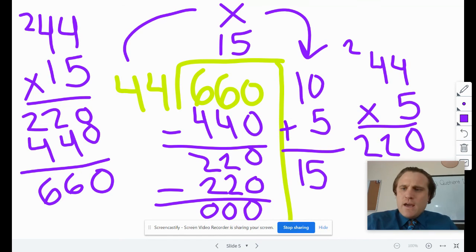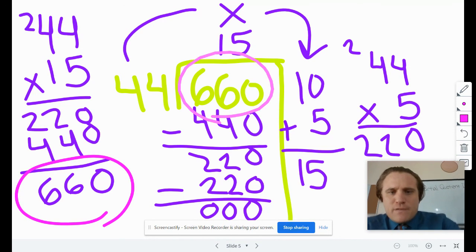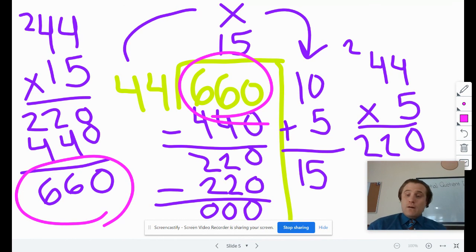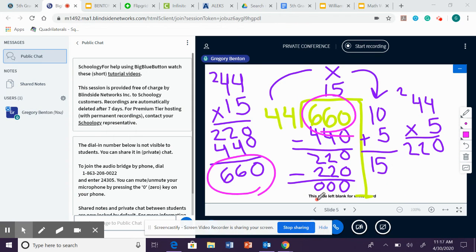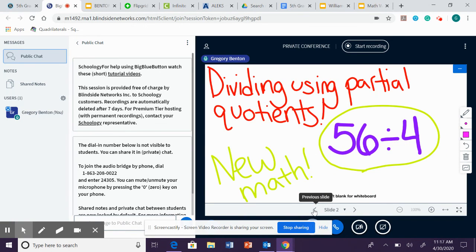Hey, hey, hey. I think we have a winner. Okay, my friends, I know that this seems overly laborious, but we can do it. That was dividing using partial quotients.